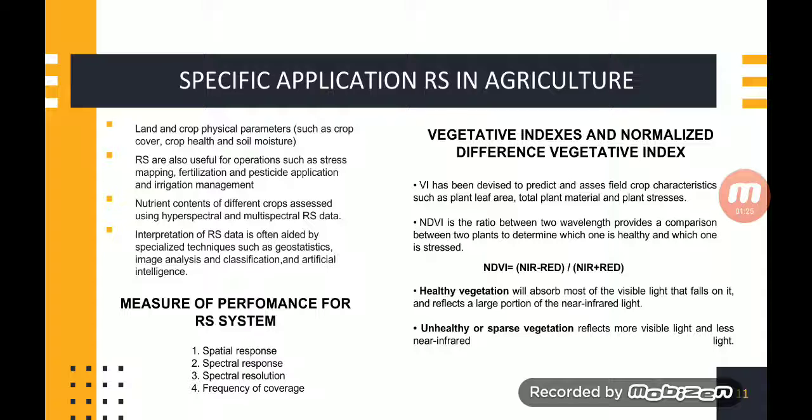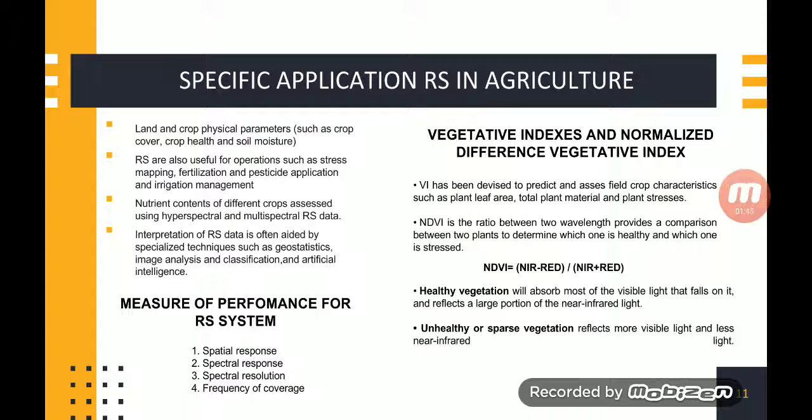Remote sensing is also useful for operations such as stress mapping, fertilization, and pesticide application, also for irrigation management. And the nutrient contents of different crops can be assessed using hyperspectral and multispectral remote sensing data.